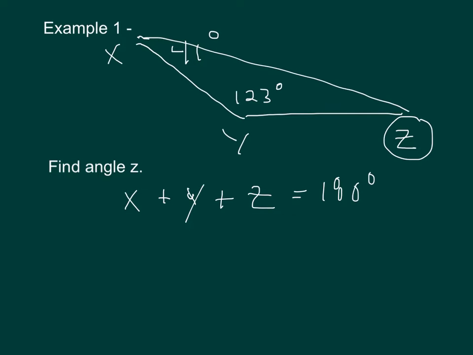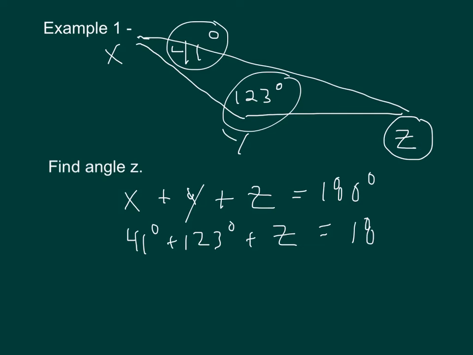So now we can fill in. Angle X we know is 41 degrees from right here. We know Y is 123 degrees right here. And Z we're trying to find.